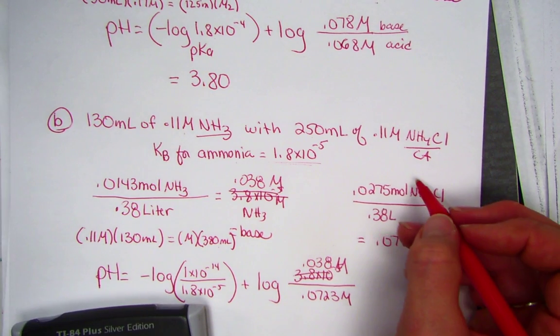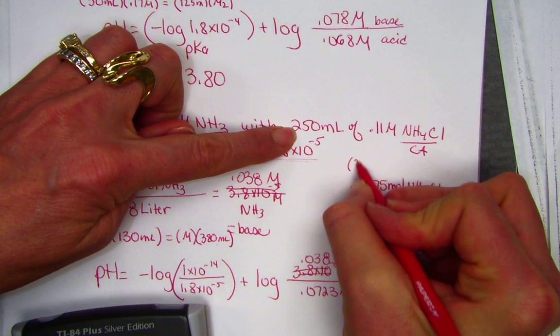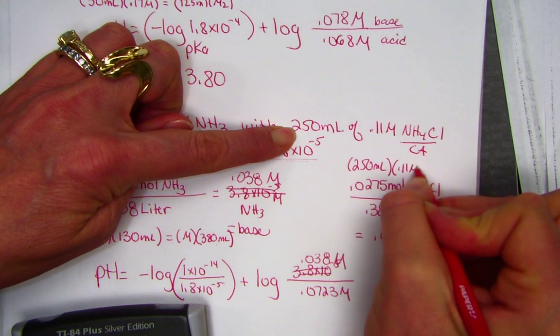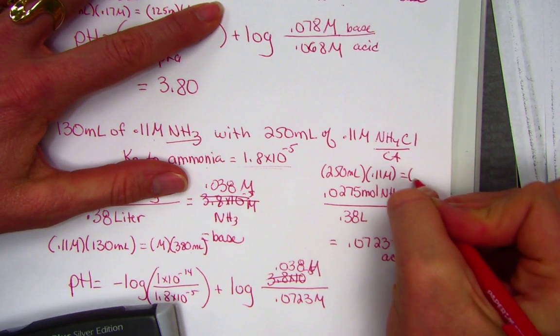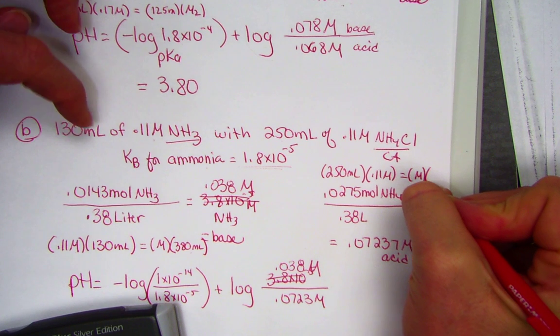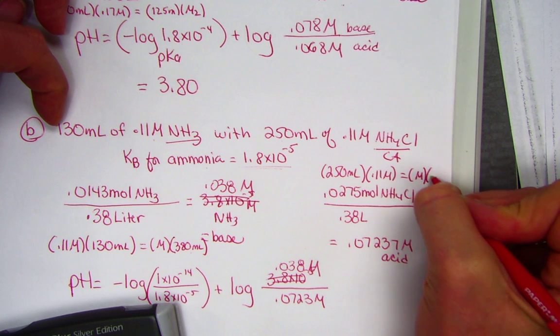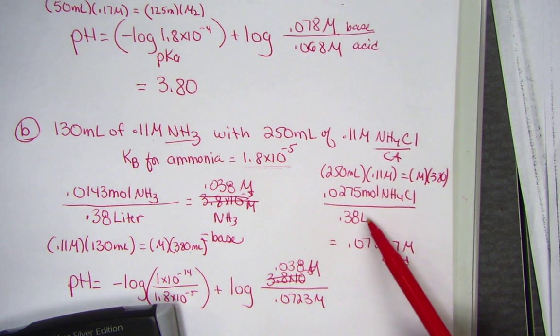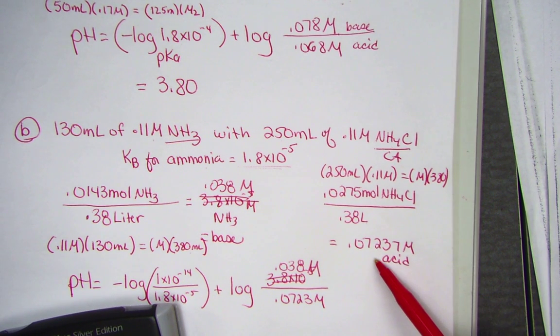Same thing occurred over here. The original volume of 250 mils times that original concentration of 0.11. What's the new molarity in the new volume of 380 mils? MV equal MV. The moles per new combined volume, and I found the resulting concentration of the acid.